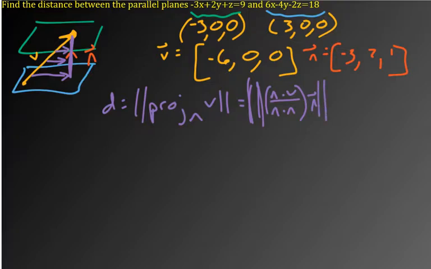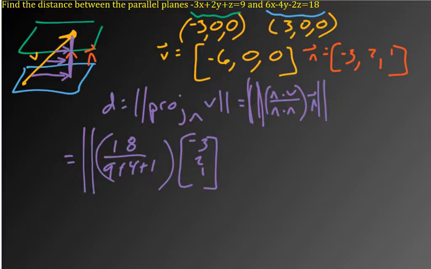So we're going to get 18 for the top dot product, and then 9 plus 4 plus 1 on the bottom, and then it's times (-3, 1), and we're just calculating the magnitude of that. And the magnitude of that thing is 9 square root of 14 over 7.